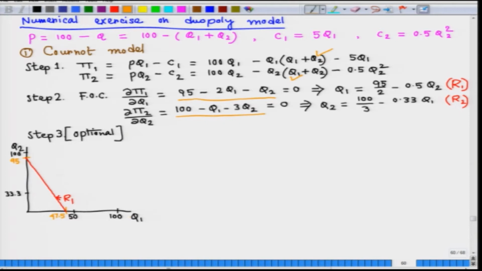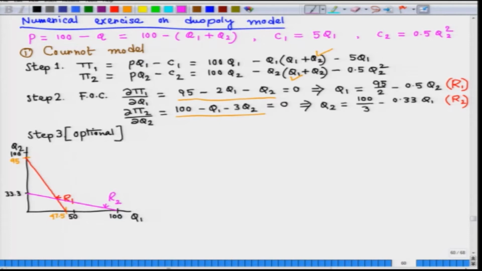So, if I now join these two points, these are basically the intercepts of the reaction function of duopolist 2. So, I get the second reaction function as well.